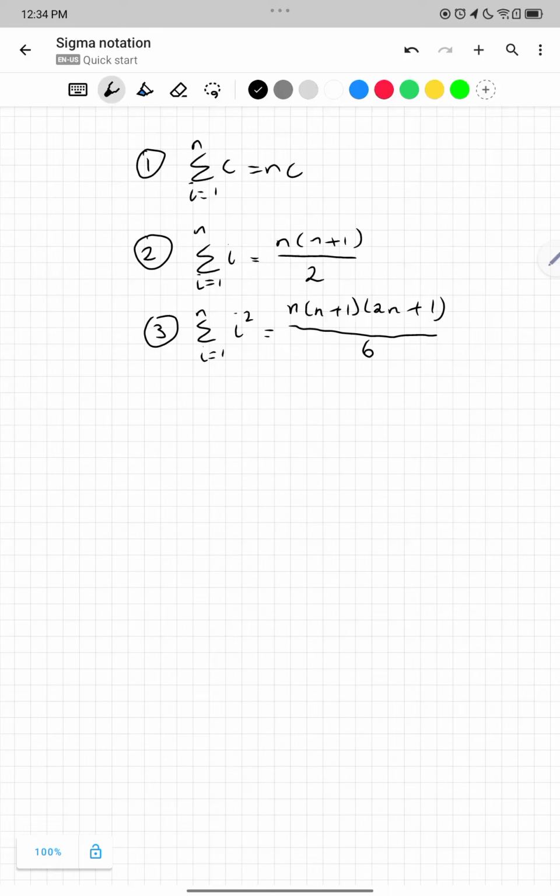One way is by induction, and the other way is using the telescoping method. Alright, so which one should we use? Let me think. So let's see the telescoping method.